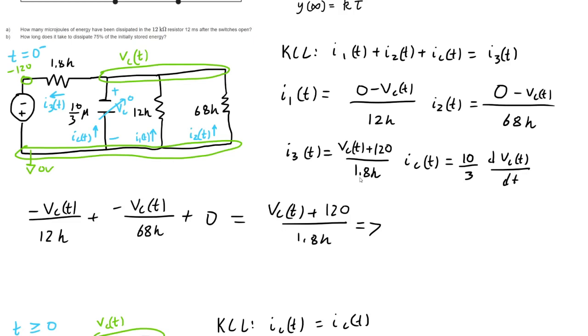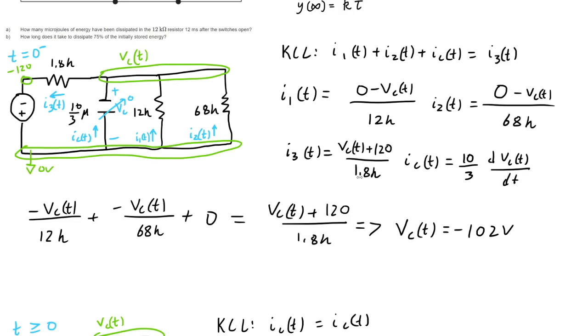It's just one equation, one unknown, lots of decimals, so go ahead and press that in. I get VC(t) equals minus 102 volts.